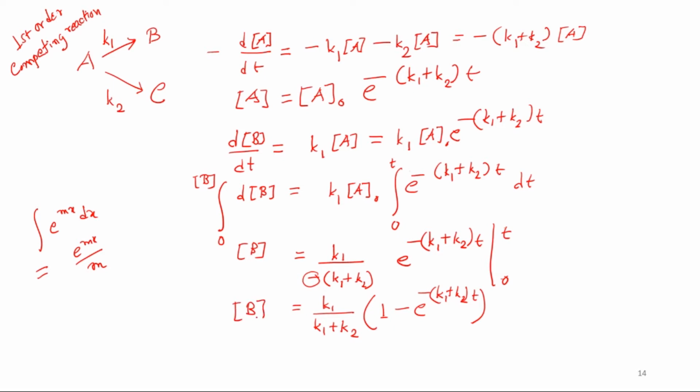Similarly, for the concentration of C, you can easily figure out that the rate equation is the same, and if we write C here, the K1 will be just replaced by K2.